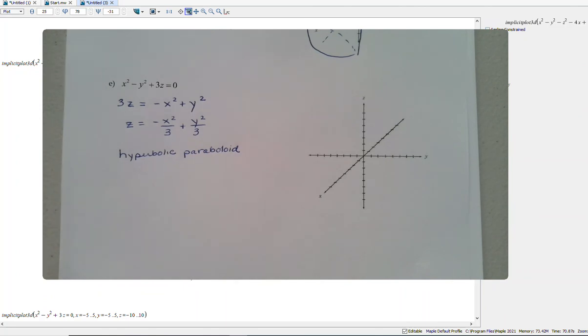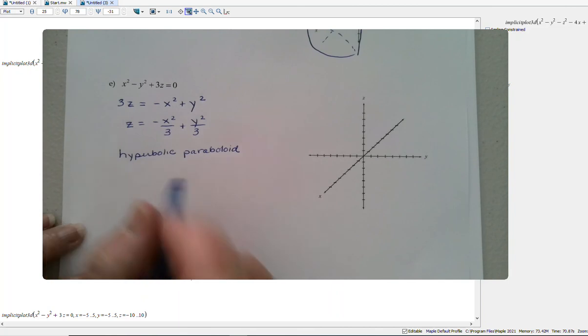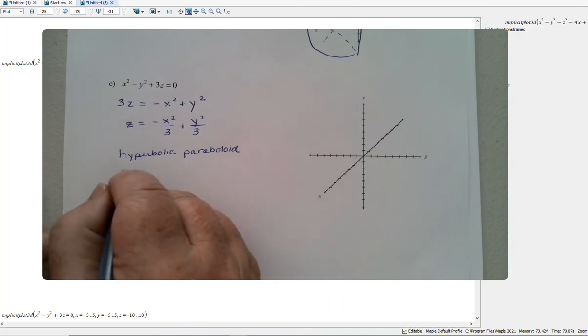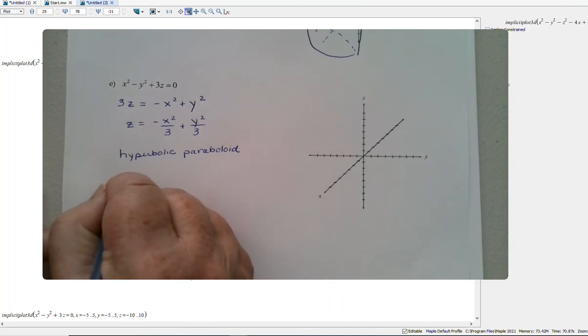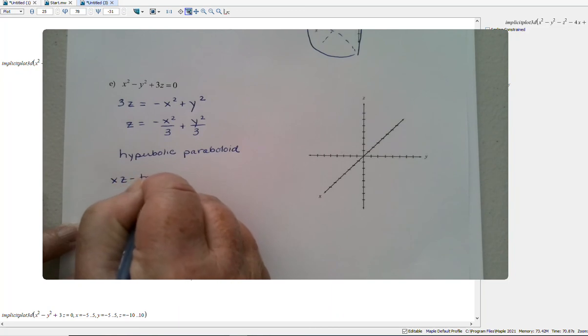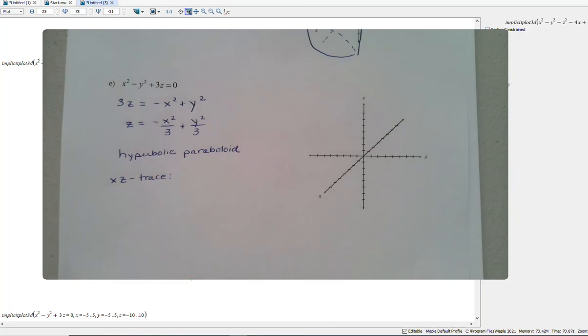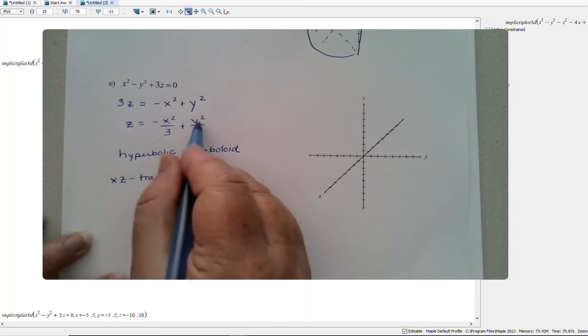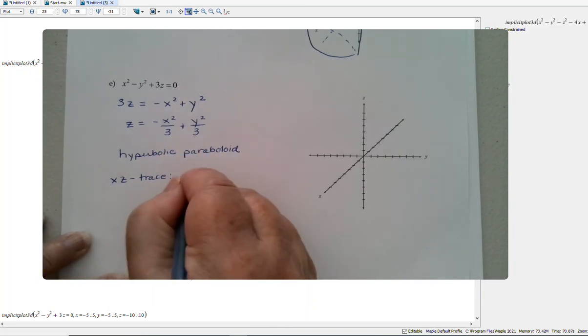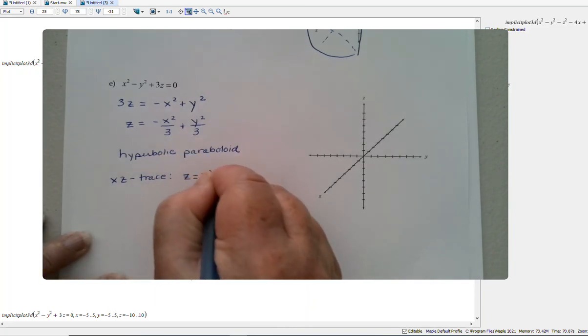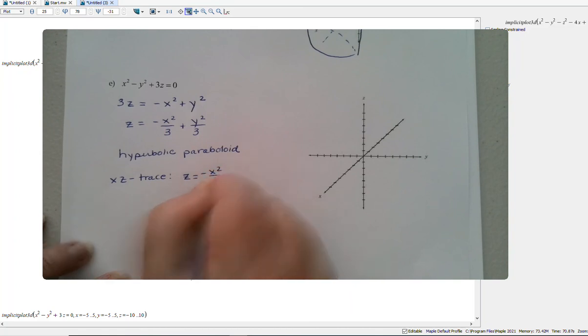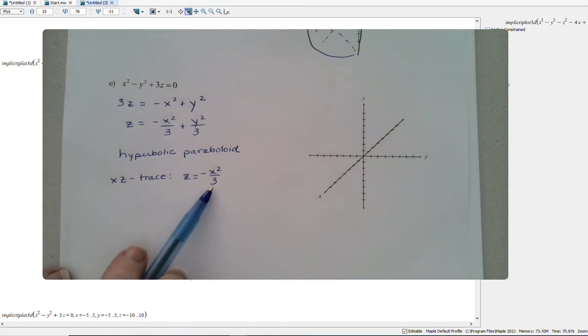All right, well, here we go. I'm actually going to use some traces to help me out here. Let's do the xz trace, and then I'm also going to do the yz trace. What that's going to do is help me with the orientation. So for the xz trace, I'm going to put 0 in for y. So z equals minus x squared over 3. That would be an upside down parabola, right, with a negative there.